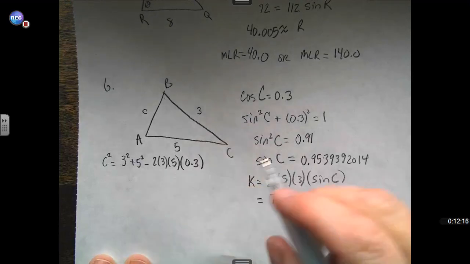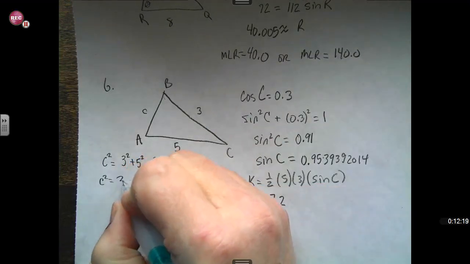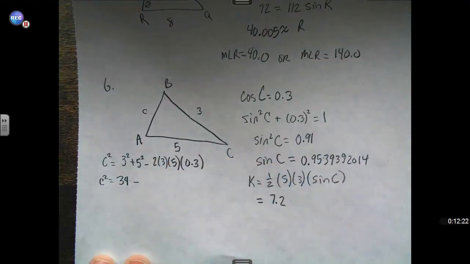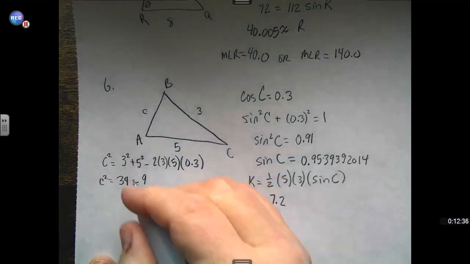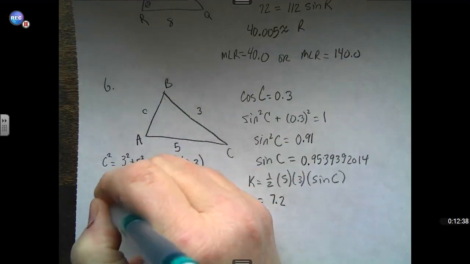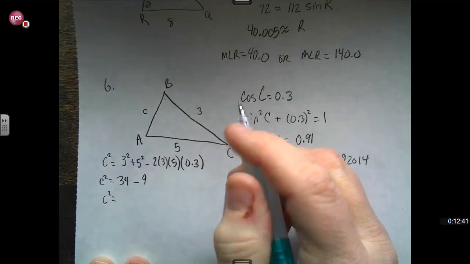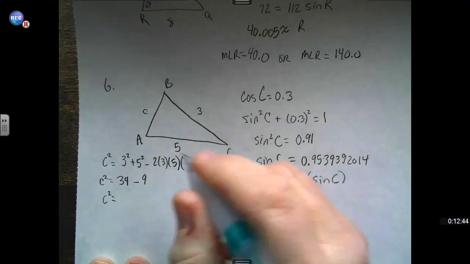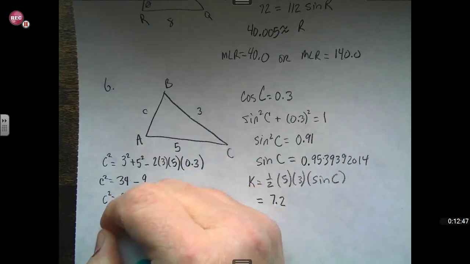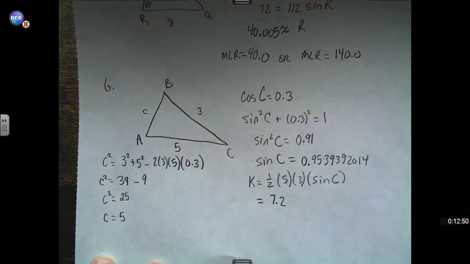So, let's see, 9 and 25 is 34 minus 2 times 3 times 5 times 0.3, and I get 9. And 34 minus 9 is 25. So c squared is 25. So c is 5. I don't think I meant for that to be an isosceles triangle. I think I did my math right.